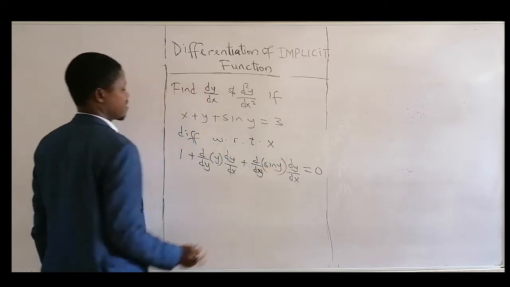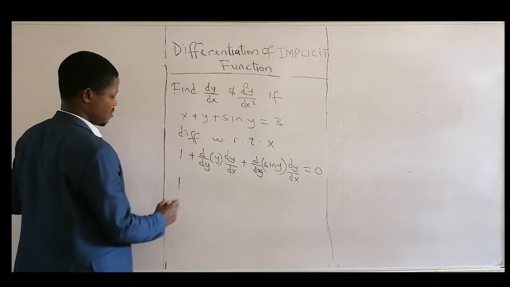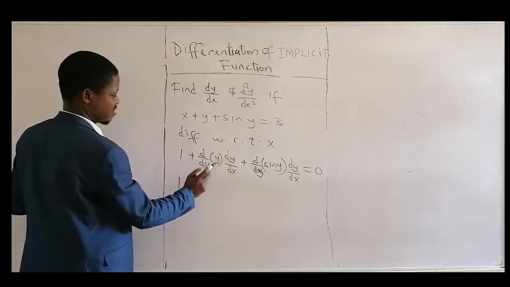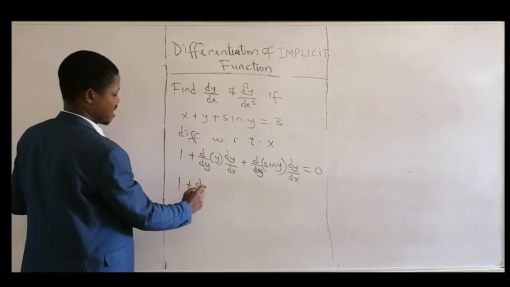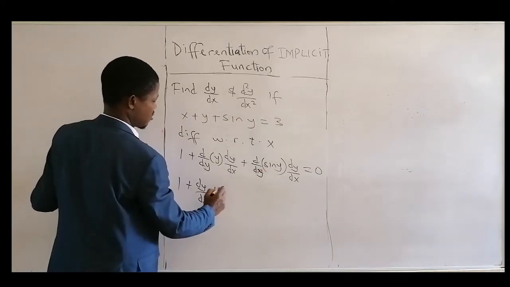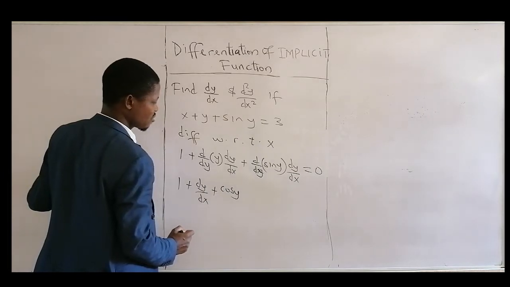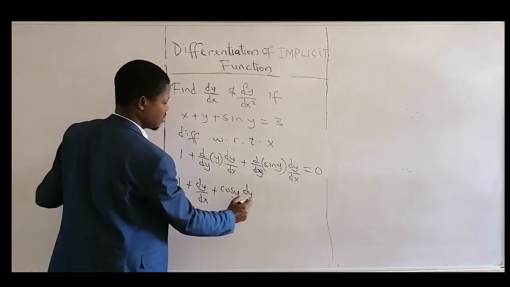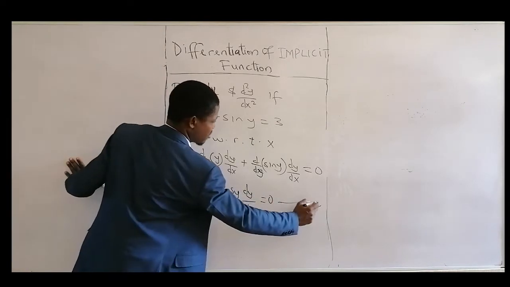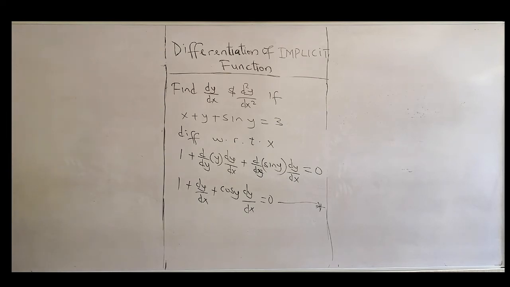So that will be equal to 1 plus, when you differentiate y with respect to y that was 1, so we have dy/dx, plus here that will be cos y dy/dx equal to 0. Call this one equation star, because we're going to make reference to that when we want to do the second differential.